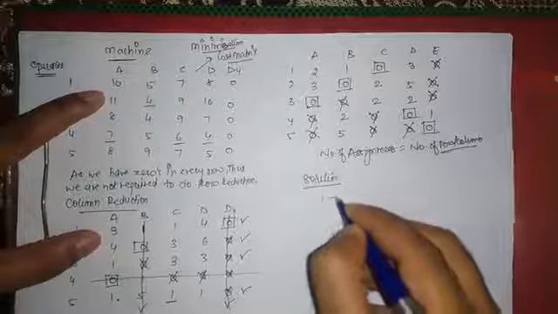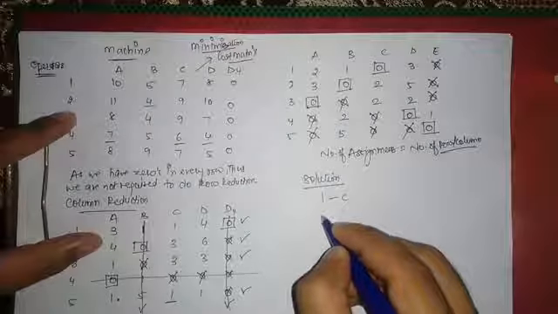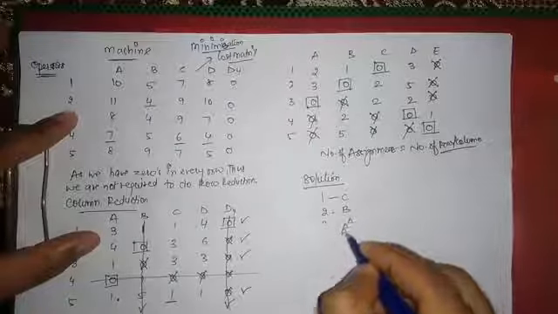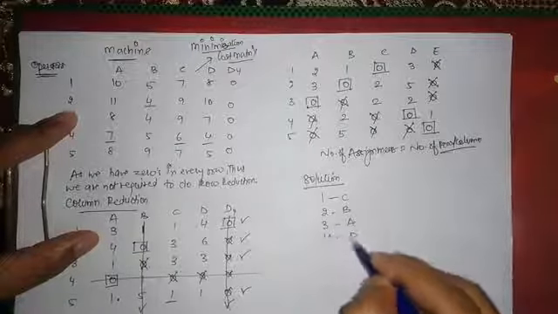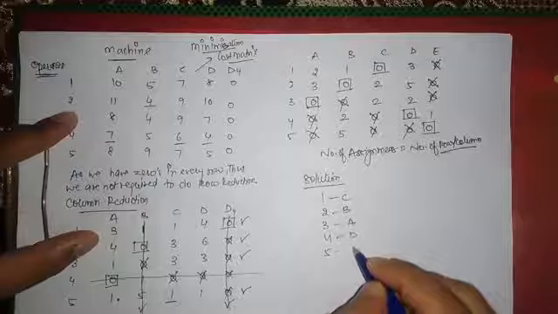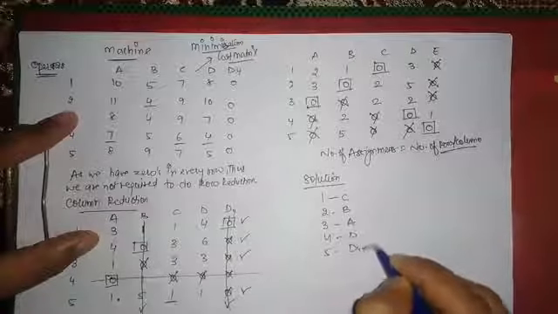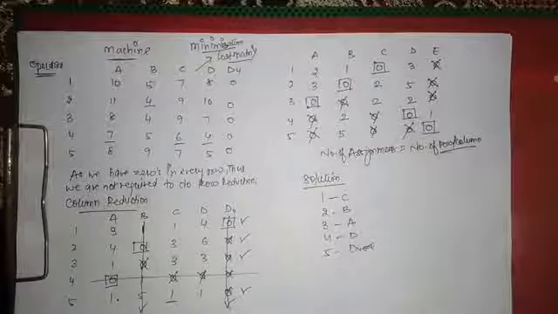So 1 to C, 2 to B, 3 to A, 4 to D, and 5 to E, that is the dummy. I have used the letter E here.